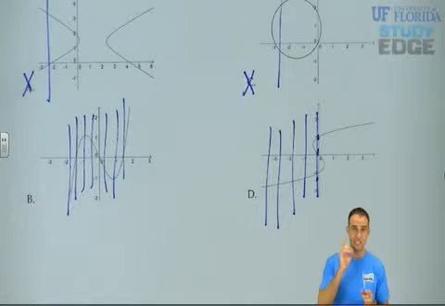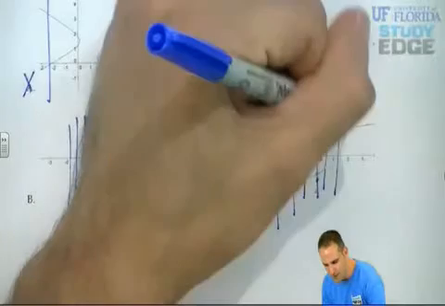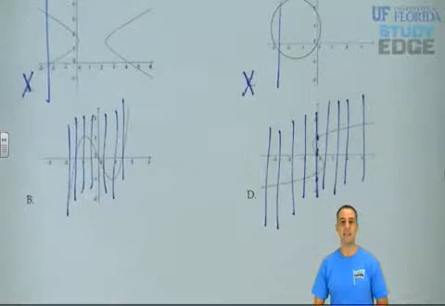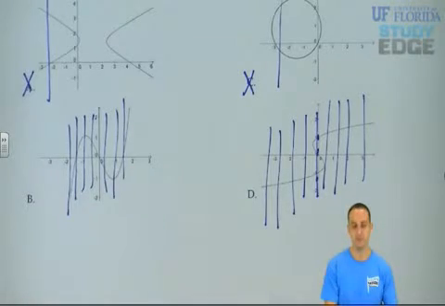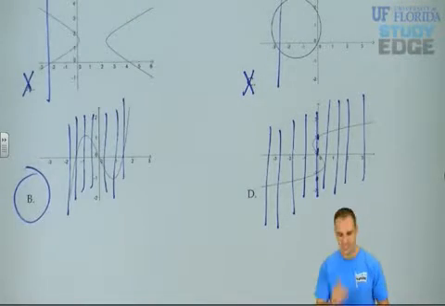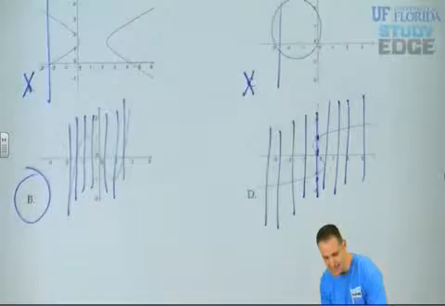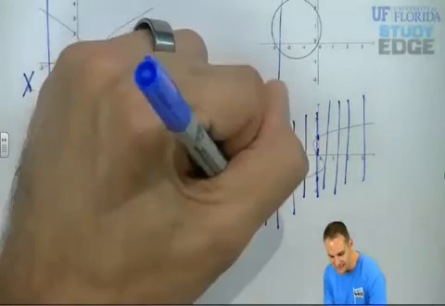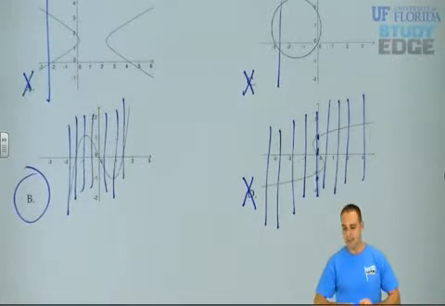That's my tip for you. You have to go all the way through. So again, if it hits only once the whole way through, then yes, it is a function. But if it hits more than once, it is not a function. So again, with functions, what are you concerned with? The x's. Make sure the x's are all different. And for a graph, you've got the vertical line test.